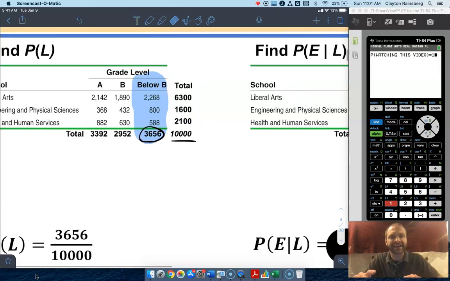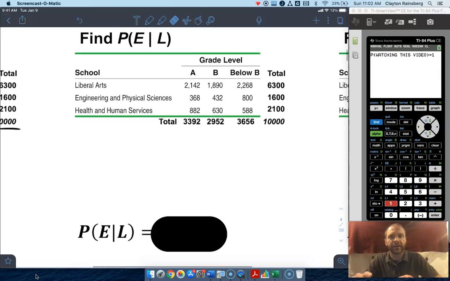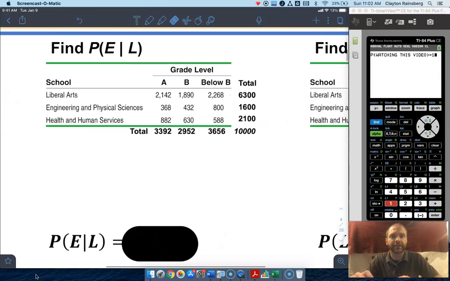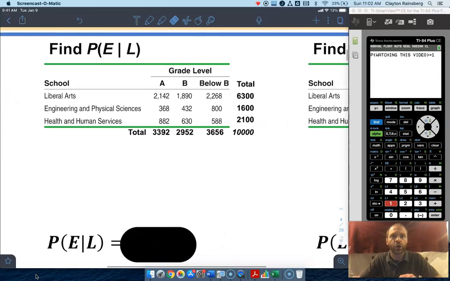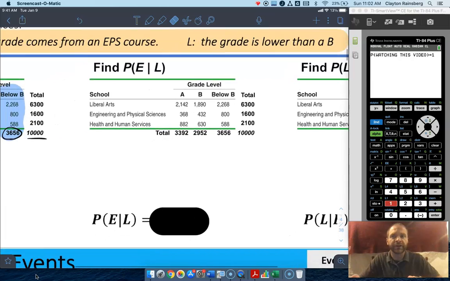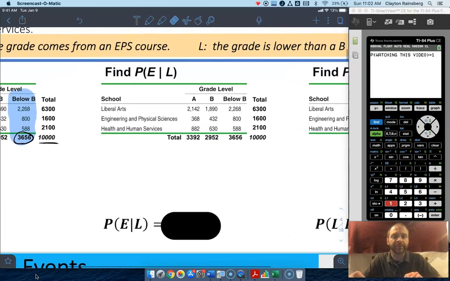However, when we go to the second example, that's where we see a condition. We want to know the probability that the grade comes from an engineering and physical sciences course, given that the grade is lower than a B. So now we have a condition. Event L is going to occur first. Again, event L represents this blue column.